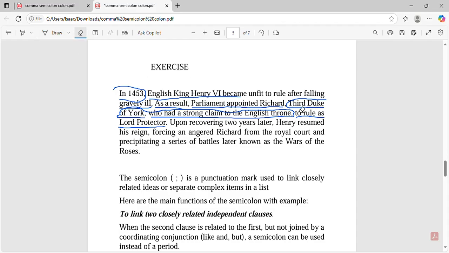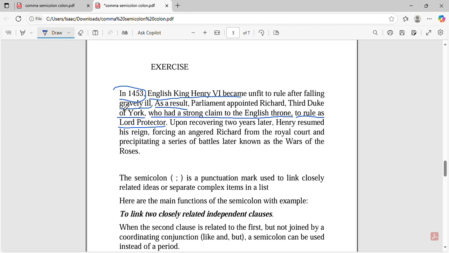Down here we have "upon recovery 2 years later." This is a participial phrase. Upon recovery 2 years later, you have your comma. So who recovered 2 years later? That's Henry.